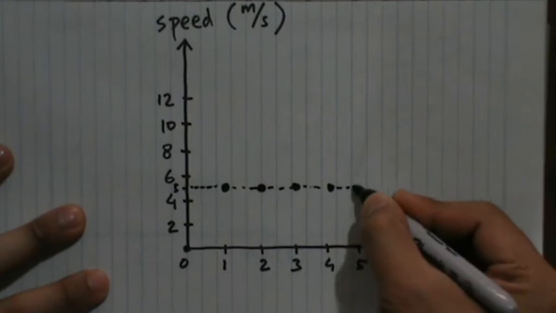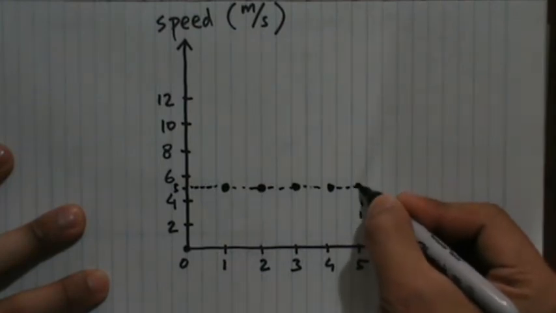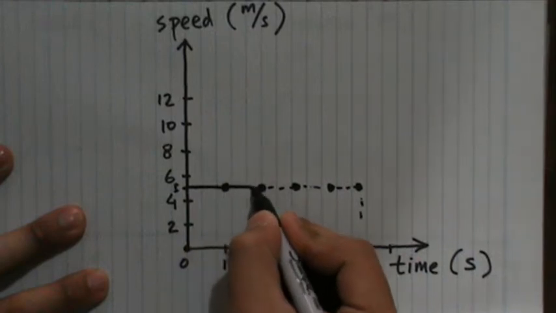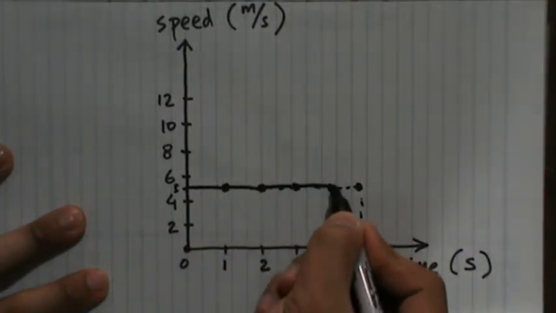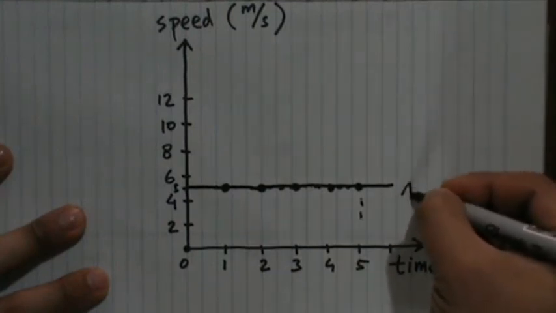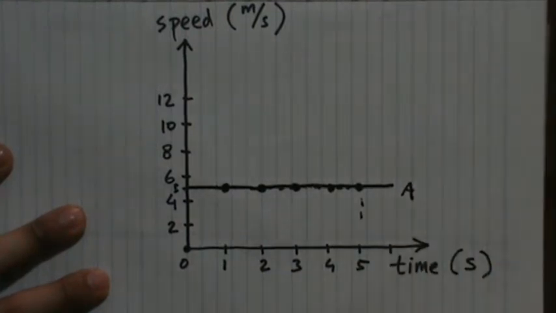If you connect these points, you will get a horizontal line like this. This is the speed versus time graph for car A.